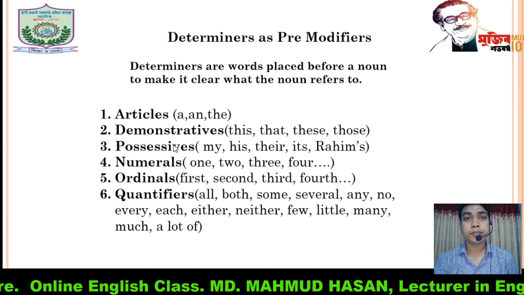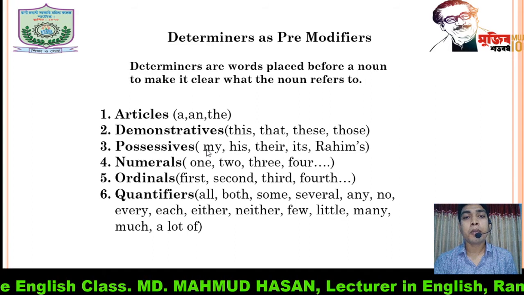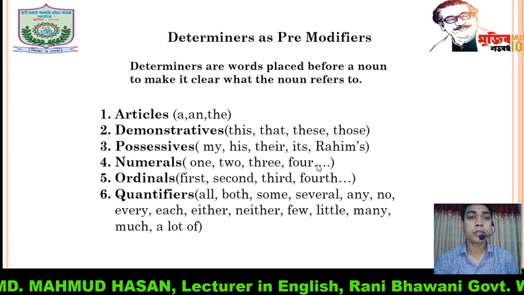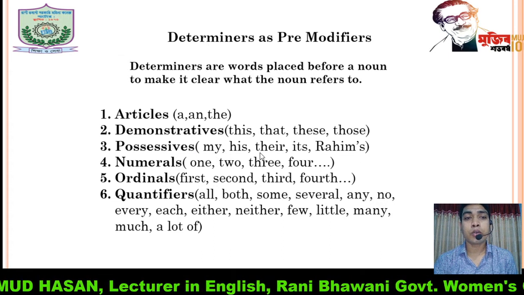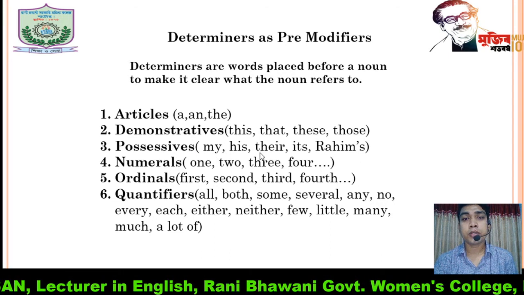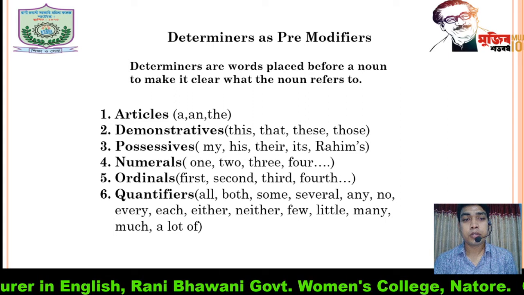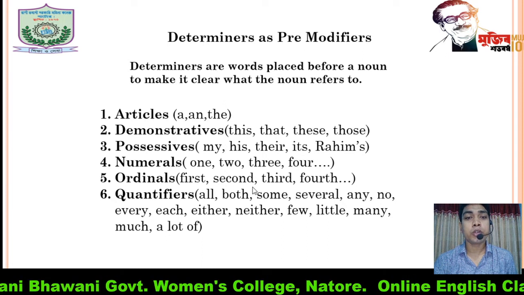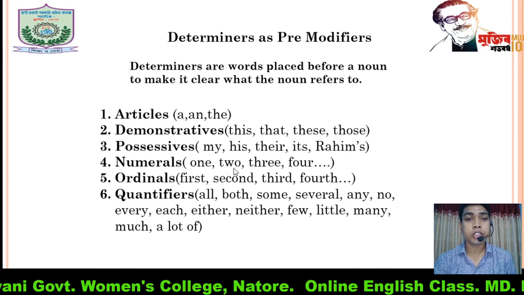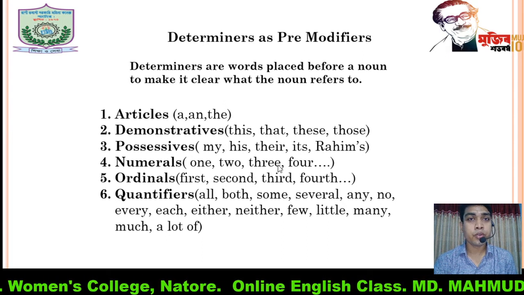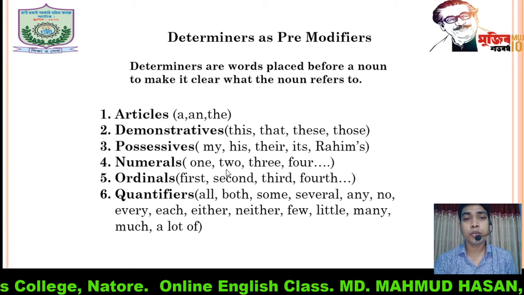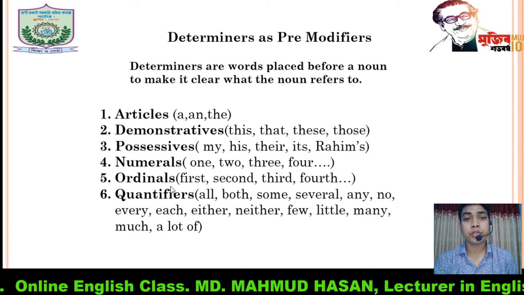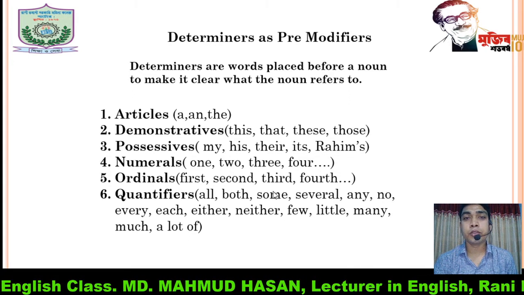Possessives: my, his, their, its, Rohim's. These words are called possessives. Possessives are also determiners. Numerals: 1, 2, 3, 4. These are numerals and they are also determiners. Ordinals: first, second, third, fourth.